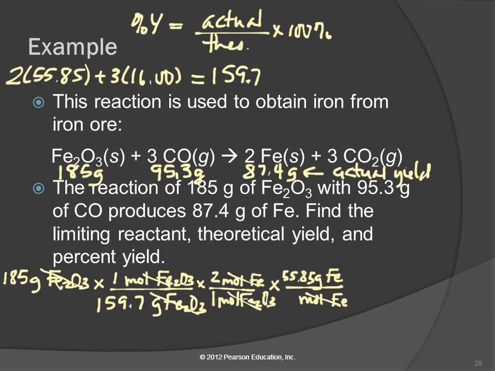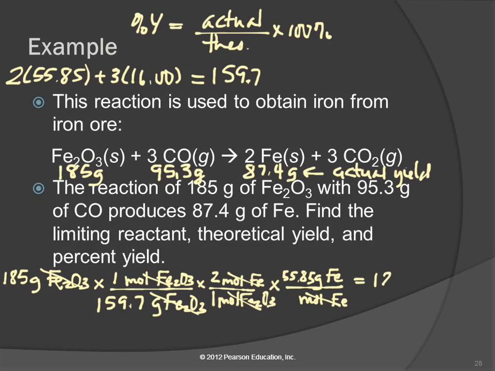So we got all of our units in there, we've got all of our numbers in there, now we can calculate the answer. 185 divided by 159.7 times 2 times 55.85. And that should have 3 significant figures.